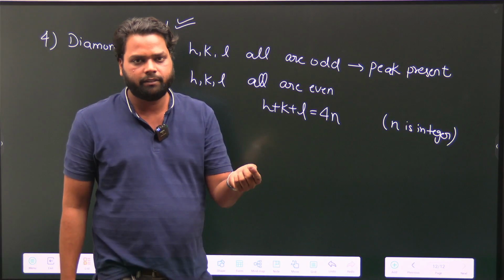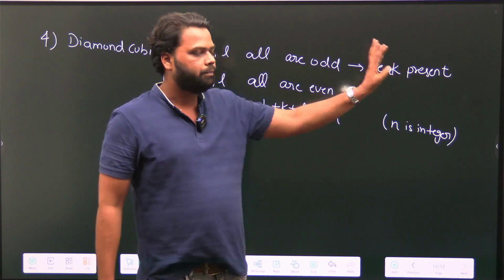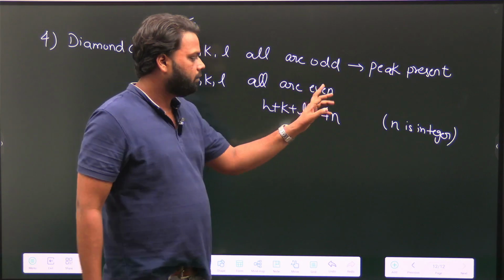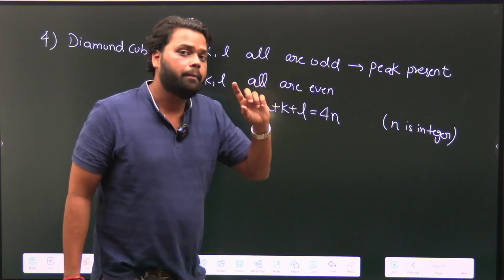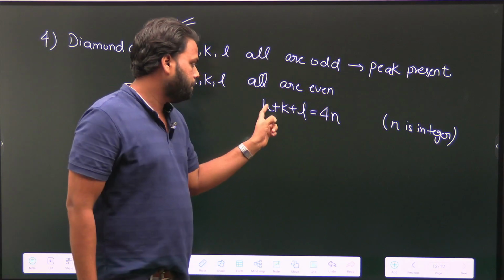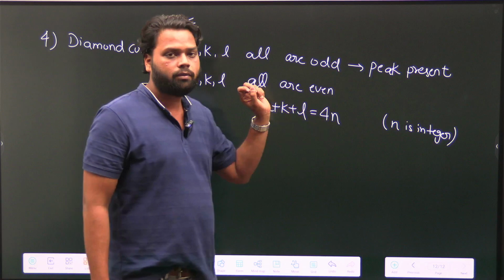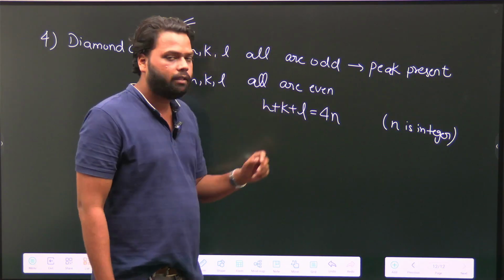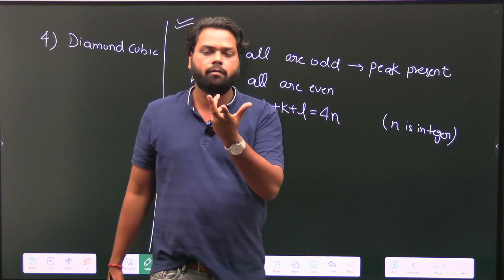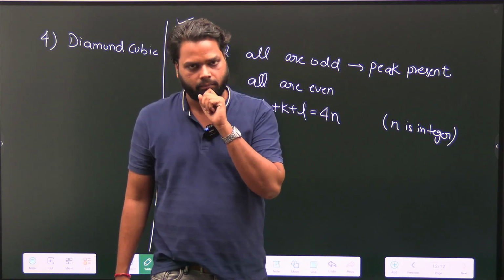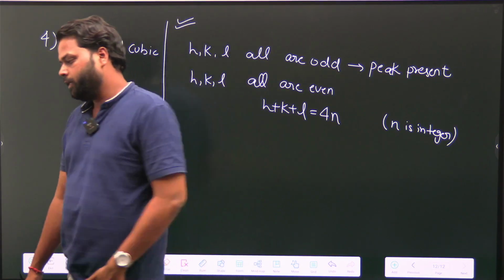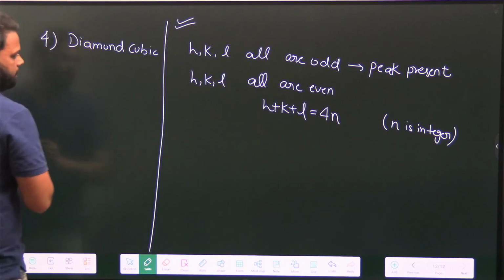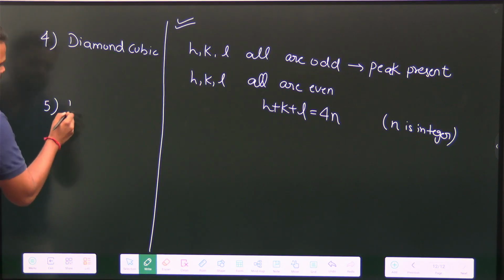Is somewhat like FCC. All are odd, present. All are even, present, but their h plus k plus l should be equal to 4n, or you can also say the h plus k plus l, this value should be divisible by 4. Clear है? Okay, now write it for the hexagonal closed pack, that is HCP.